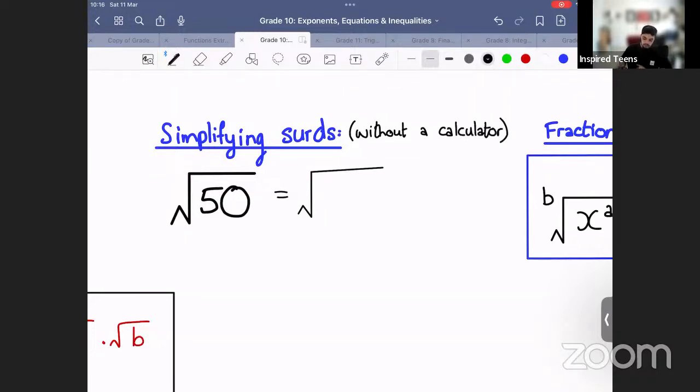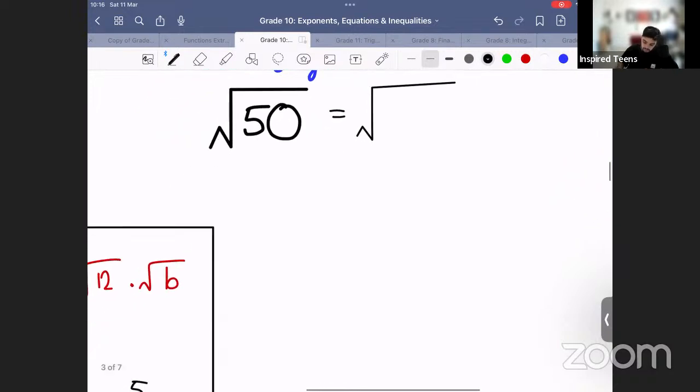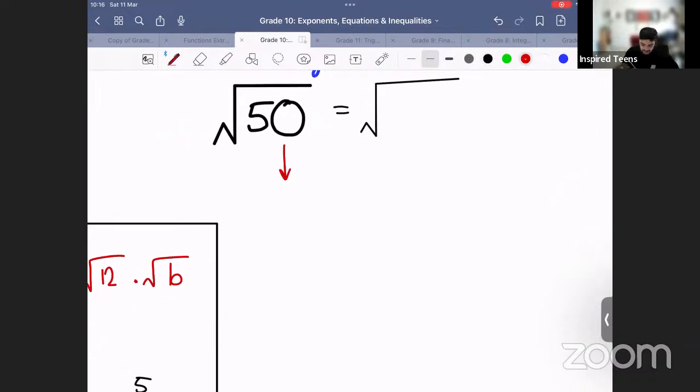In order to simplify a surd, you need to take the value inside of the surd and write it as a product with a perfect square. So firstly, product, we're talking about multiplication.